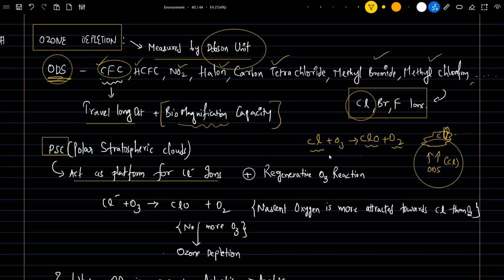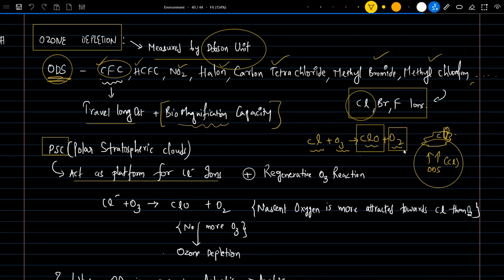Cl we are getting from the ozone depleting substance, and ozone is already present in the stratosphere. So one free radical oxygen atom of O3 gets attached to chlorine and oxygen is separated. So ClO is forming. Here there is no O3 present. We can say there is depletion of O3, as one free radical oxygen atom is getting attached with the chlorine.